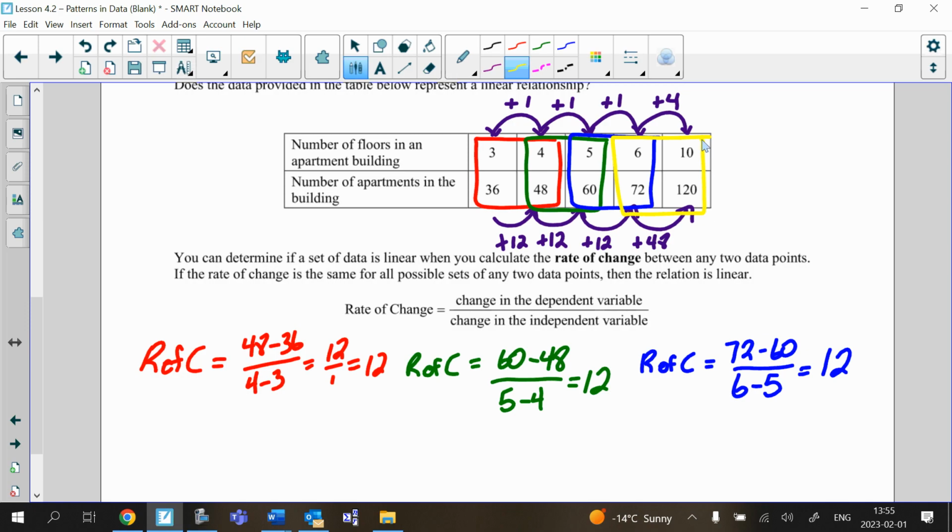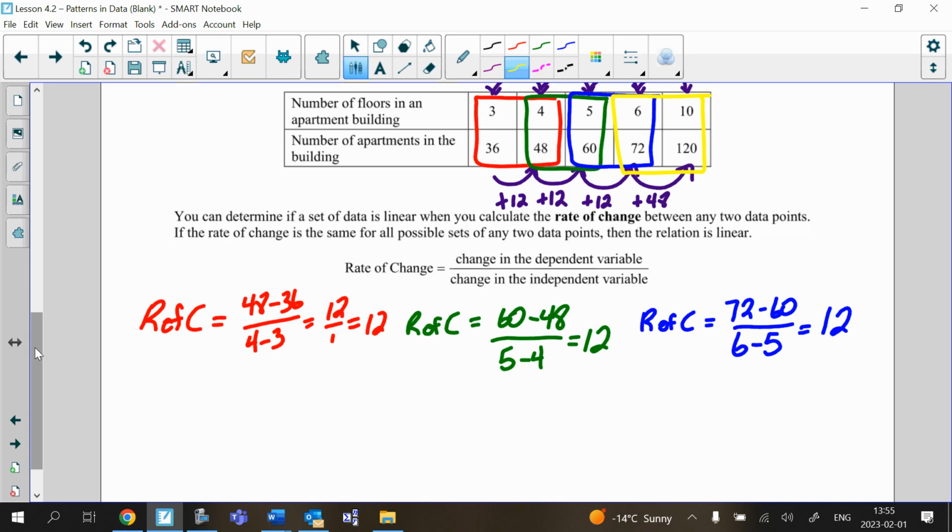It's the same rate of change, okay? Even though the numbers jumped from 4 to 4 and then 48, the proportion of the jump stayed the same, which is what the rate of change measures. So if they're all the same, it's linear. Like I said, as soon as one of them changes, it's no longer linear.